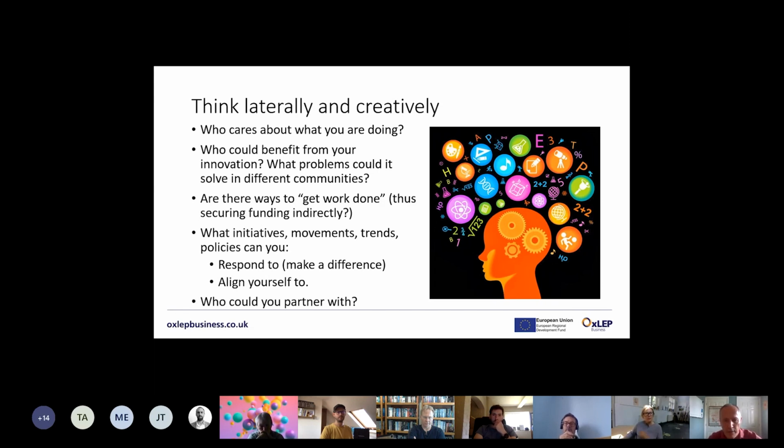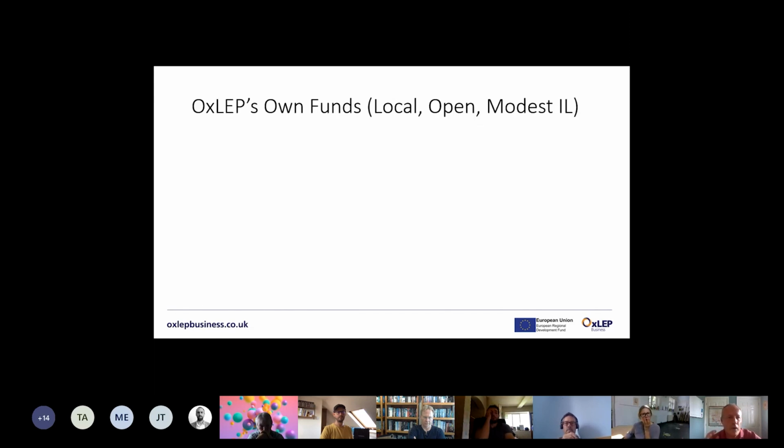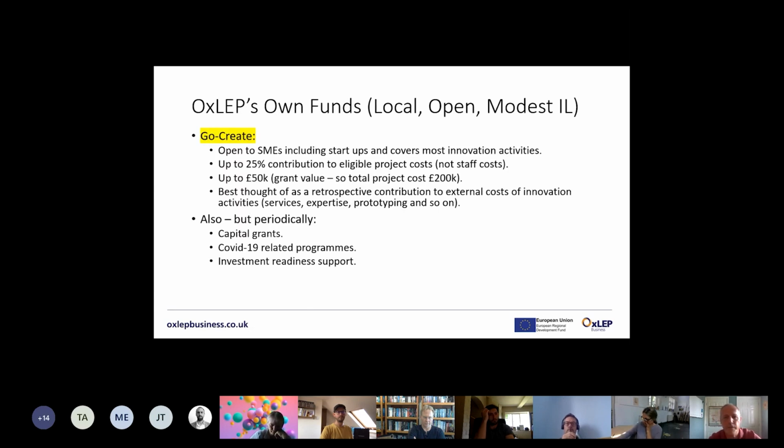So many of you might already be aware of Oxlap's own funds, and the main one that I deal with is the GoCreate Innovation Project Scheme. I won't go into the detail of it today. We have plenty of stuff online about what this scheme is for. By my way of breaking things down, it's a local scheme.